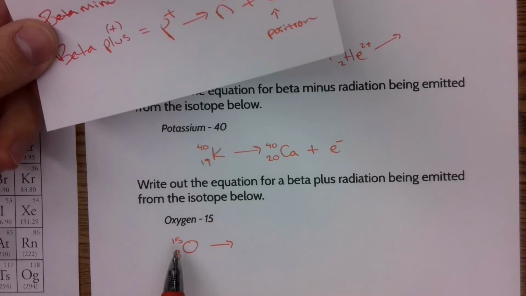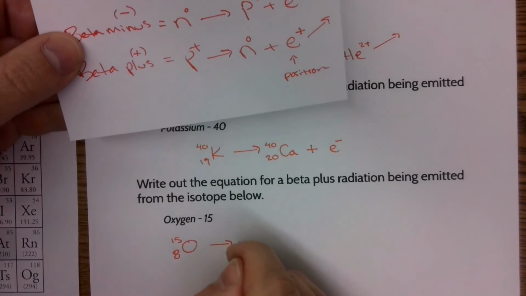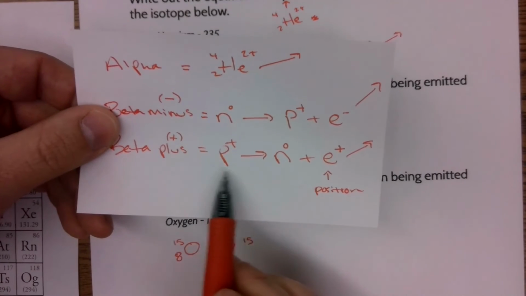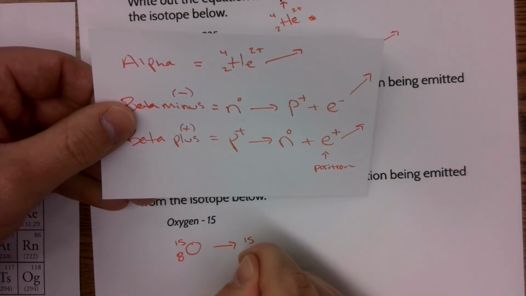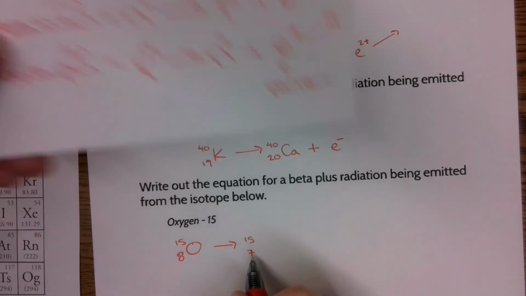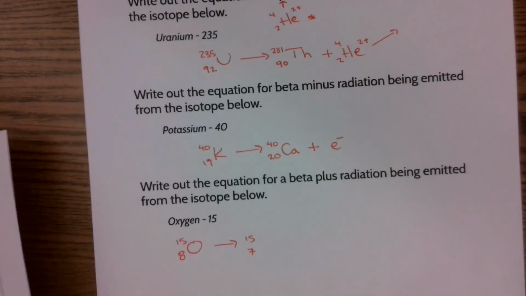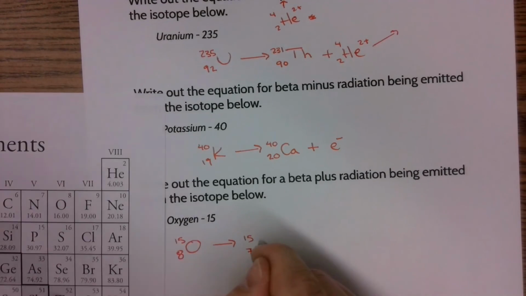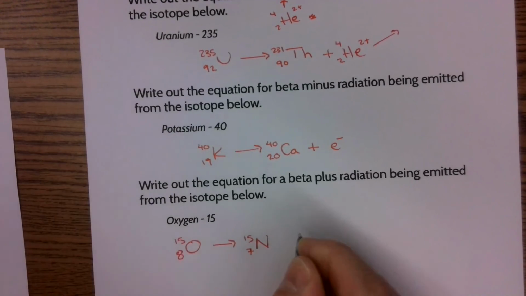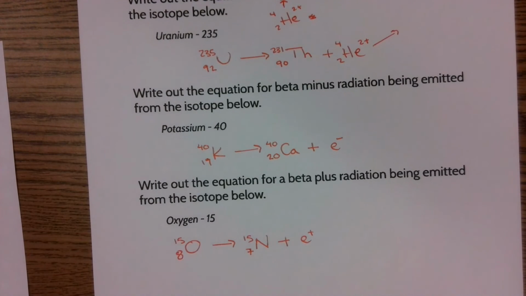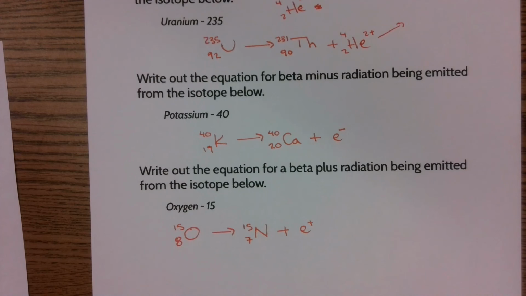So our mass number will stay the same, but our proton is going to turn into a neutron, so we're losing a proton in this process. It's going to turn into a 7. When we look at 7 on the periodic table, that is now nitrogen. And it's going to release a positron, which is essentially a positive electron.